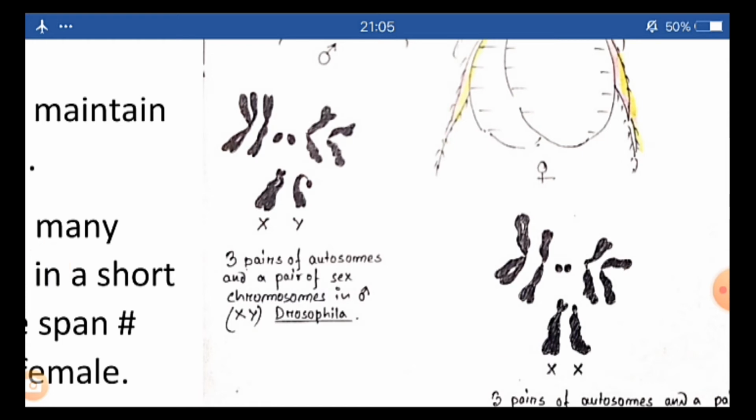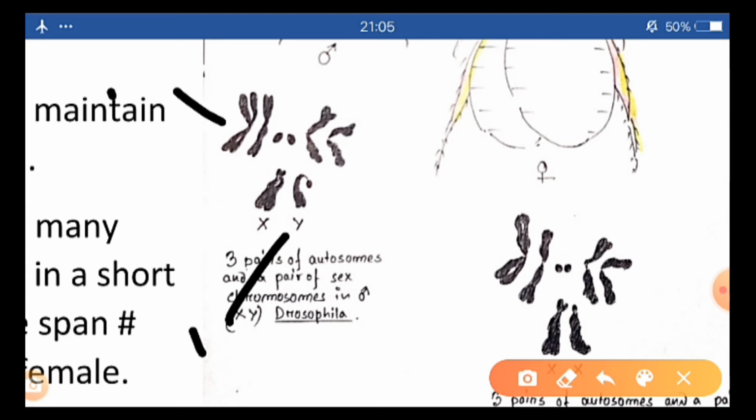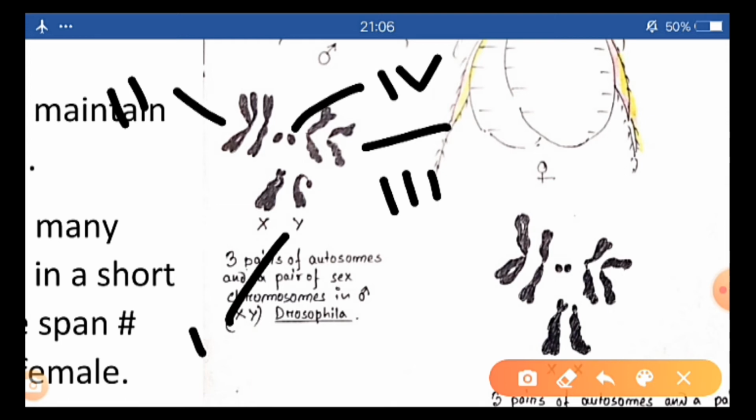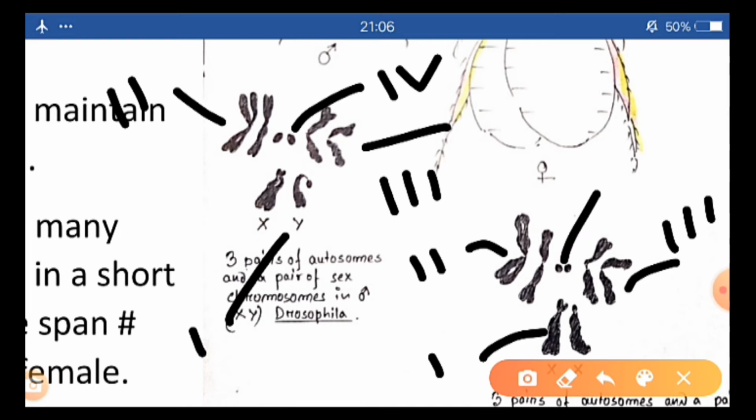Again, first pair, second pair, third pair, fourth pair. In case of female also same: pair 1, pair 2, pair 3 and pair 4.